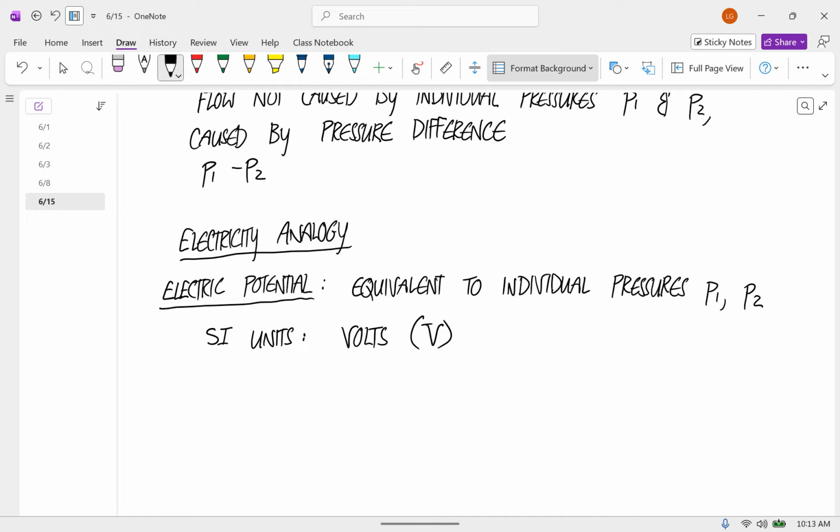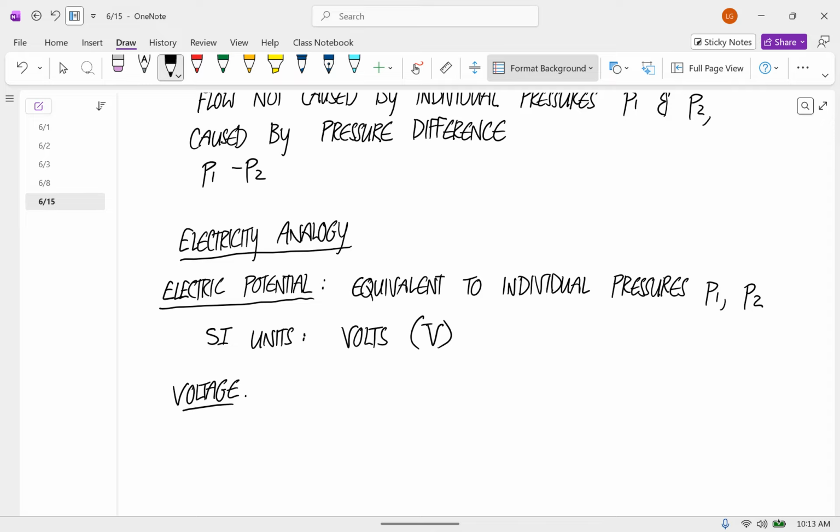Okay, so if you think about that water flow analogy, you would expect, in order to get electricity moving, it's not going to be the individual electric potentials at a single point. It's going to be the difference in electric potentials from point to point. And so the next thing I'm going to talk about is voltage.